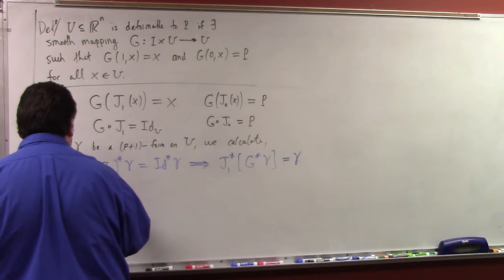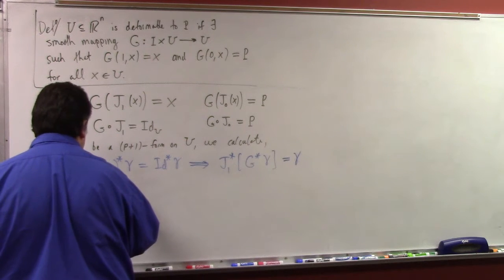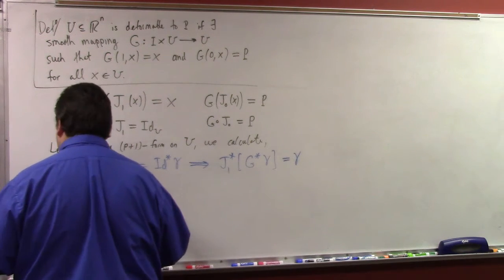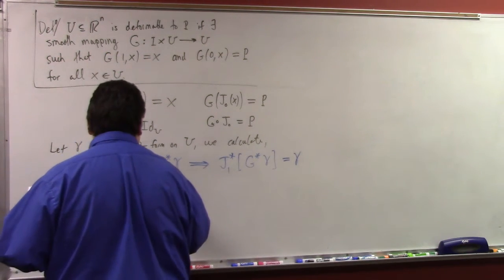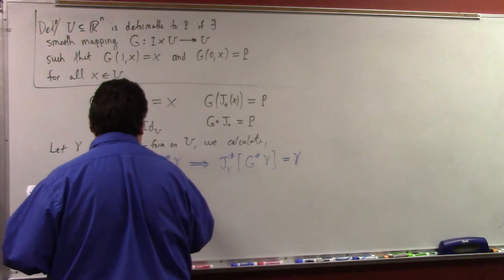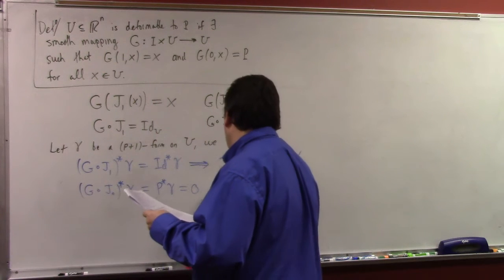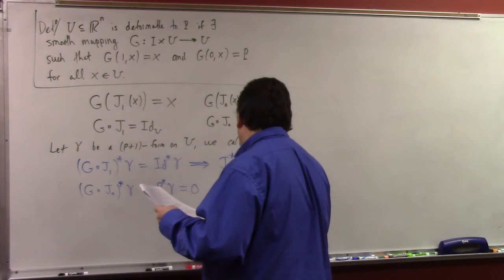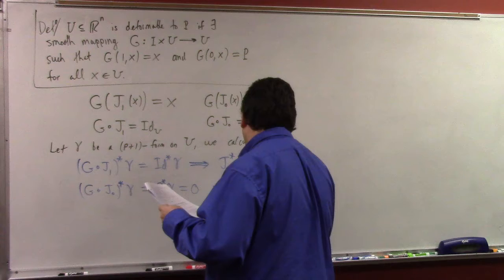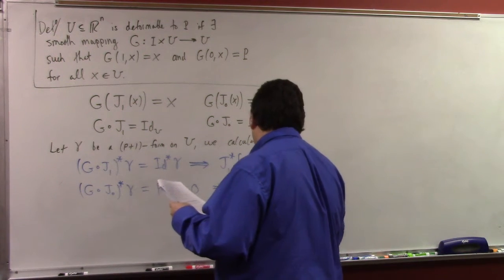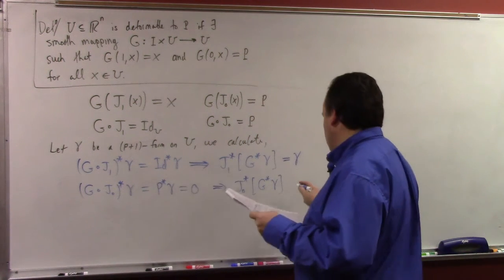So G composed with J0, pullback gamma is what? It's the constant map, pullback gamma, but that's 0, right? So that implies that the pullback under the J0 map of the pullback of gamma under G is 0.